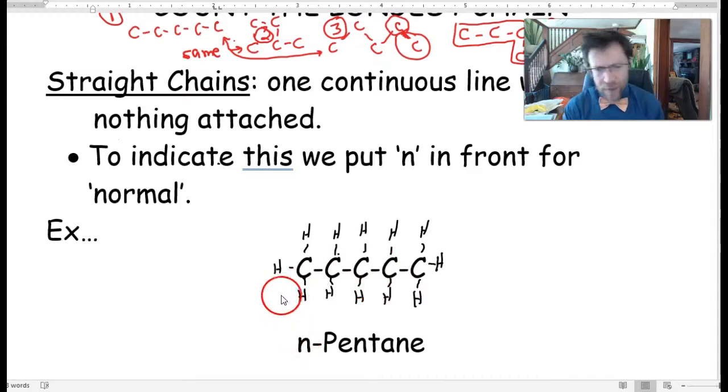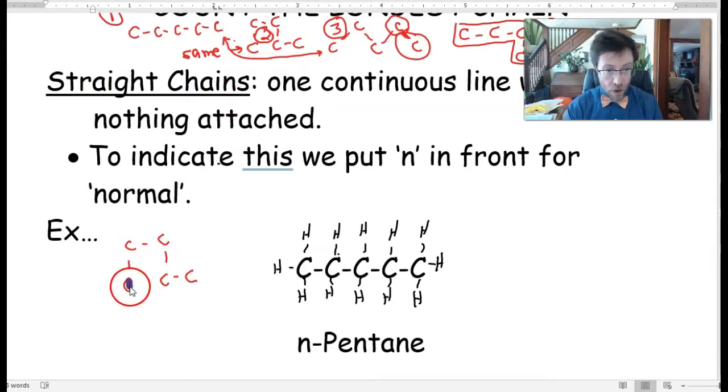At least that's how I remember it, N-pentane. So this, I drew it like this up here. So it could also be 1, 2, 3, 4, 5. It is still 5 in a row, consecutive, unbroken, one after the other carbons. Carbon 1, carbon 2, carbon 3, carbon 4, carbon 5.